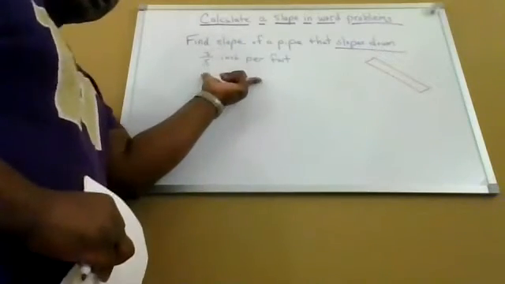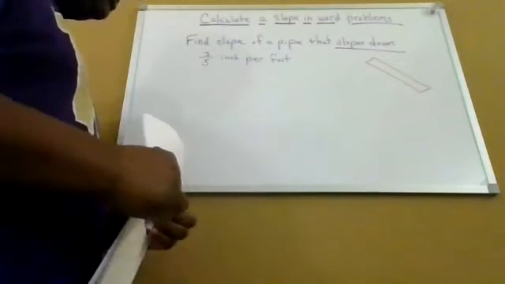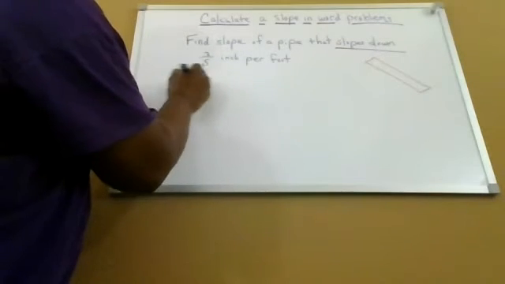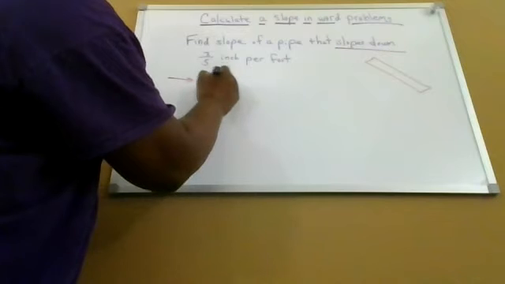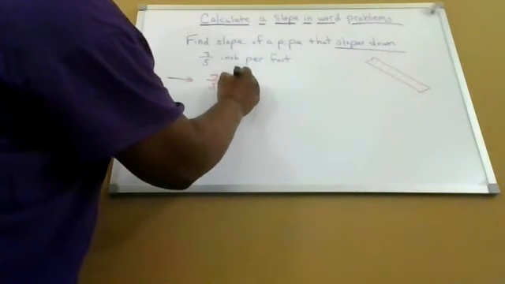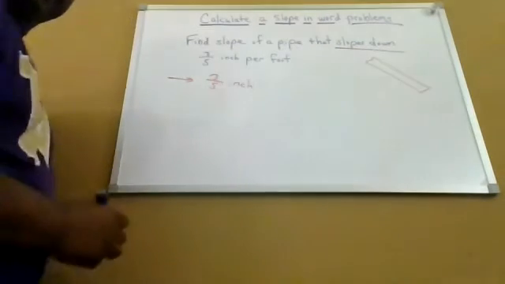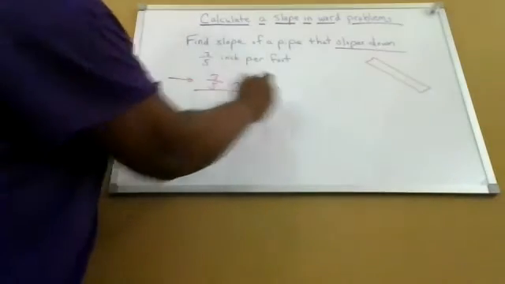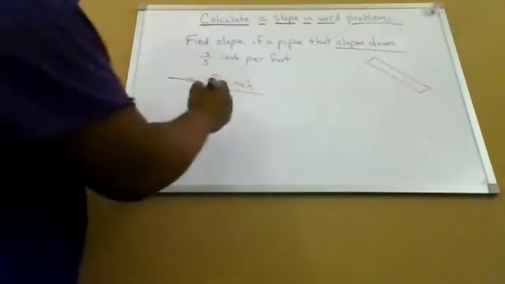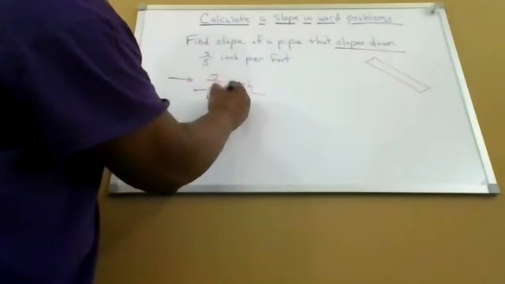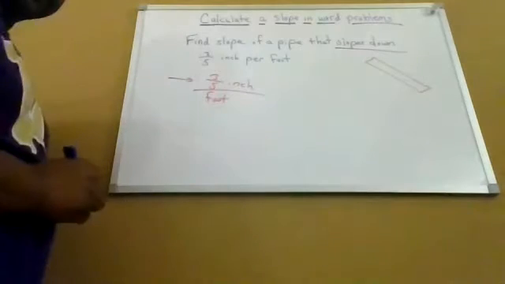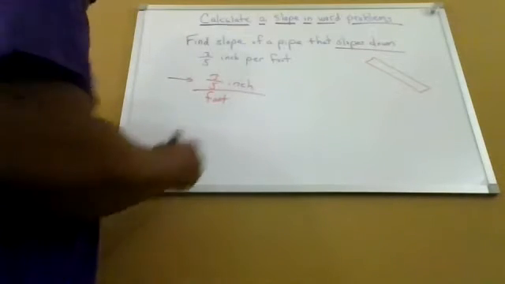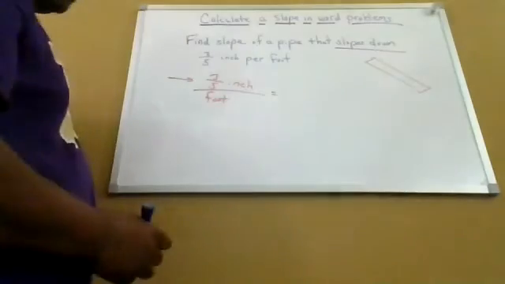Let's change these words into a math equation. Here's our 3/5 inch per foot. And now we can rewrite this.